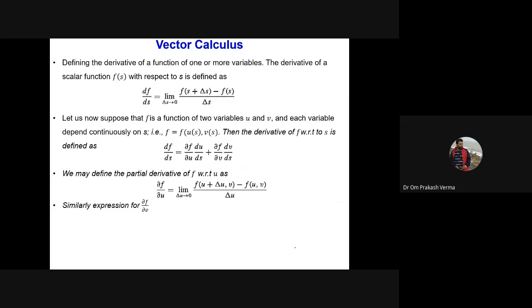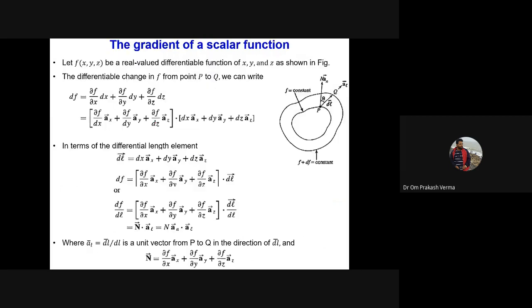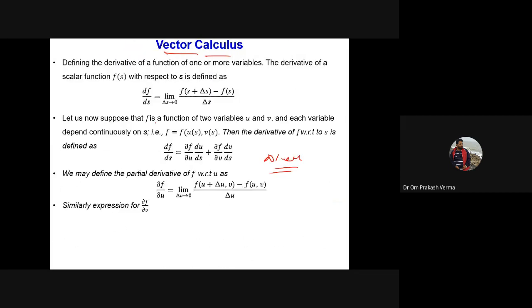Tomorrow we will start with the divergence of a vector field. Before that, you can go through this slide on vector calculus, so that we can start with the divergence theorem tomorrow.